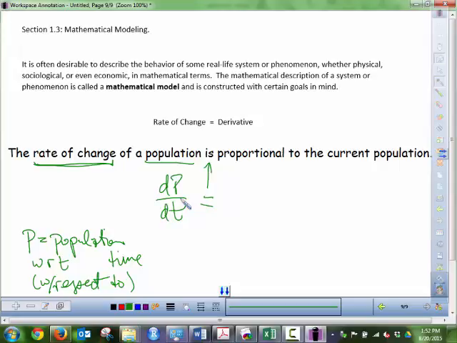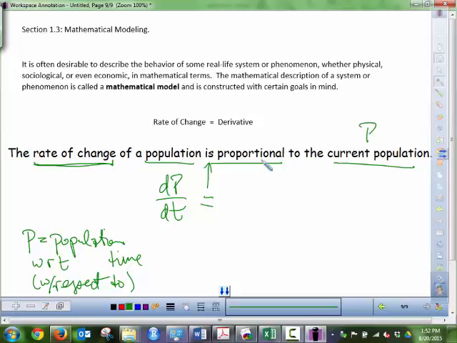So this isn't just equal to, it says is proportional. So proportional. Do you guys remember the proportional business? To the current population. So the current population, to me, I think is just P. P is the population, so let's just call it the current population at a specific time t.